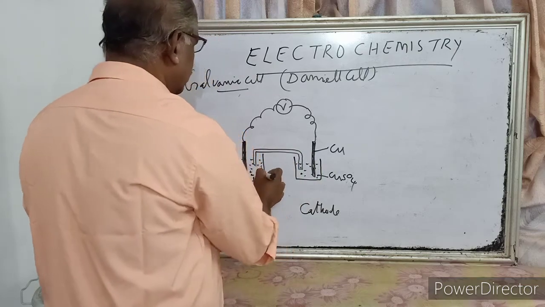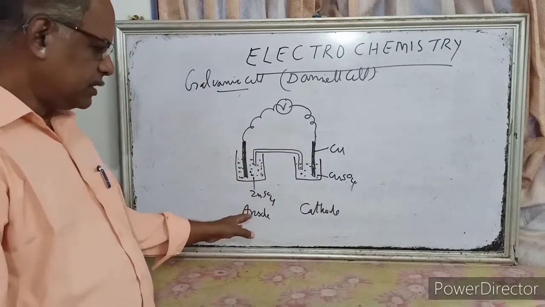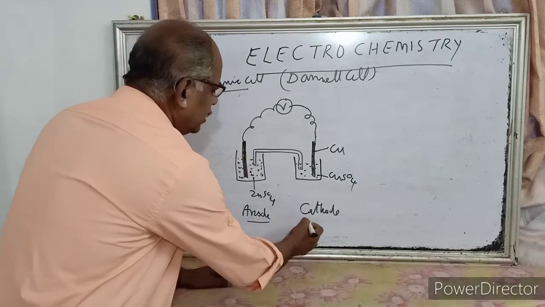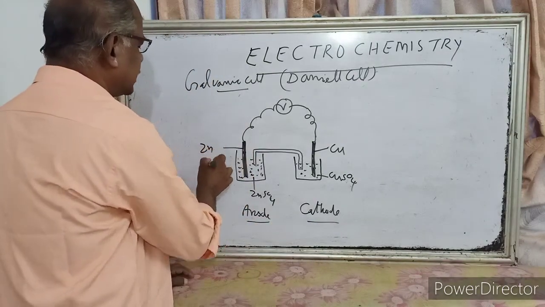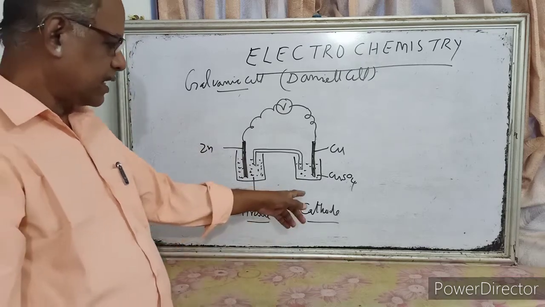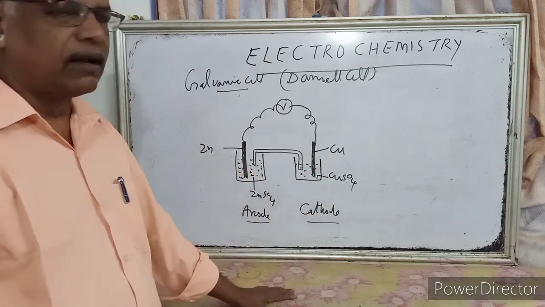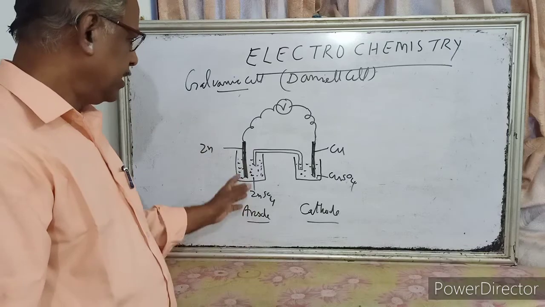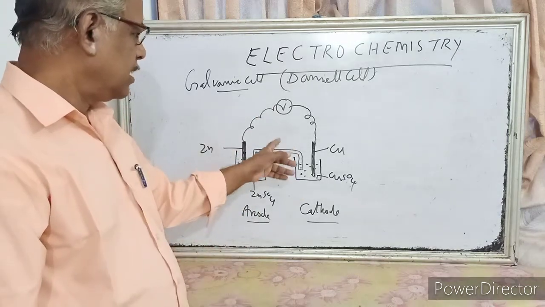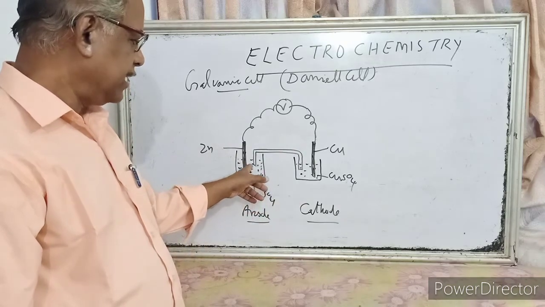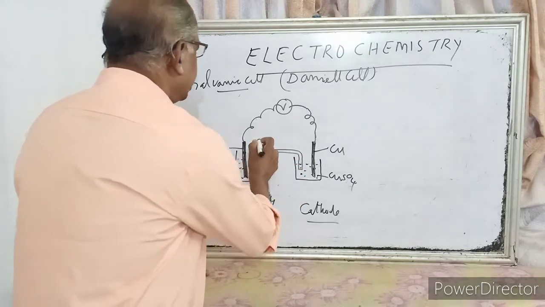So in the Daniell cell, there are two electrodes, anode and cathode. The anode is a zinc rod placed in zinc sulfate solution, and the cathode is a copper rod placed in copper sulfate solution. The electrodes are connected externally by wire through a voltmeter and internally by a salt bridge.